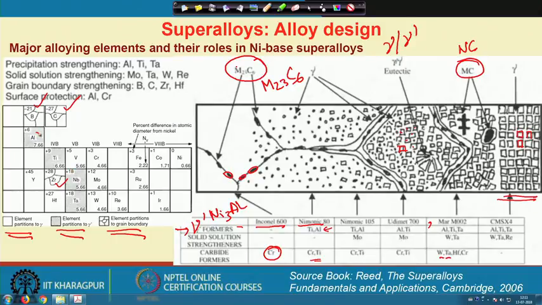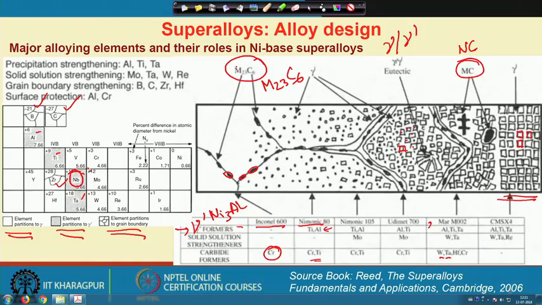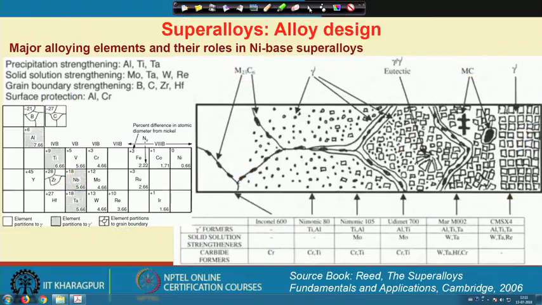Niobium is usually not used in nickel, but in iron-nickel superalloys niobium is used, while the elements that go into the gamma phase are vanadium, chromium and so on. So, we already understood the role of addition of various alloying elements in these superalloys.